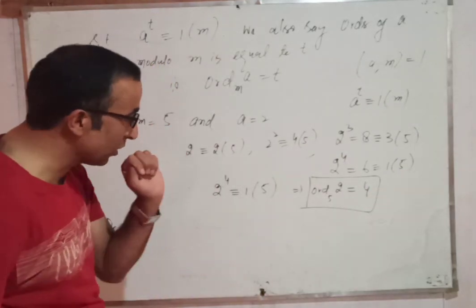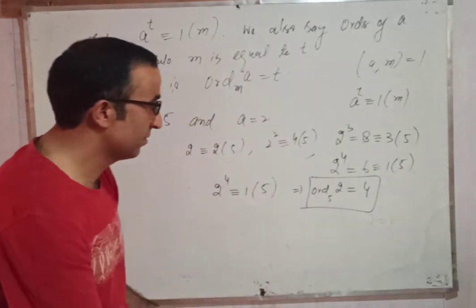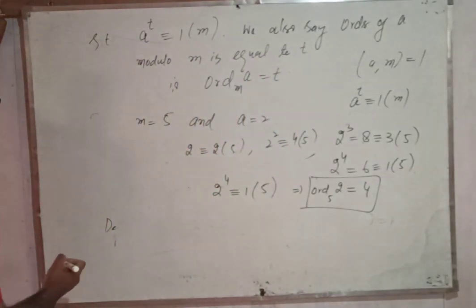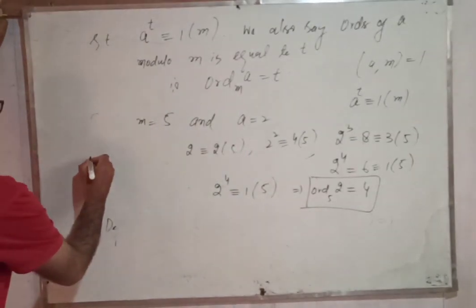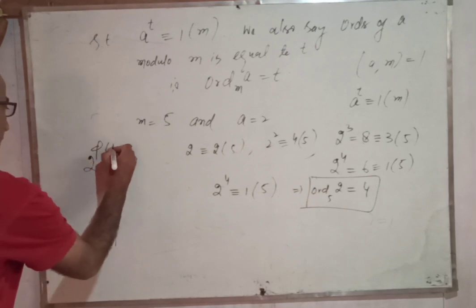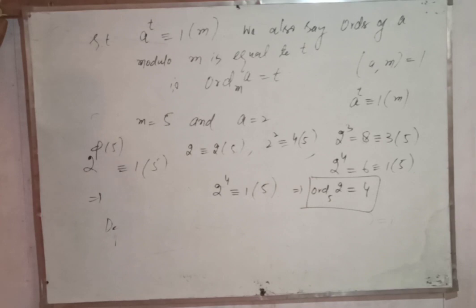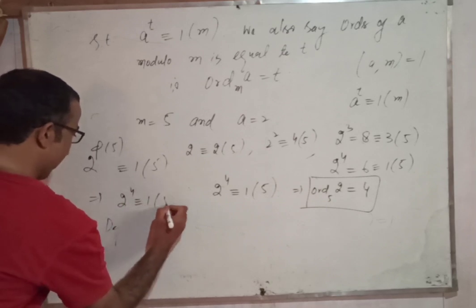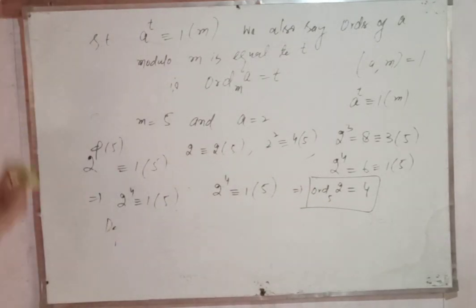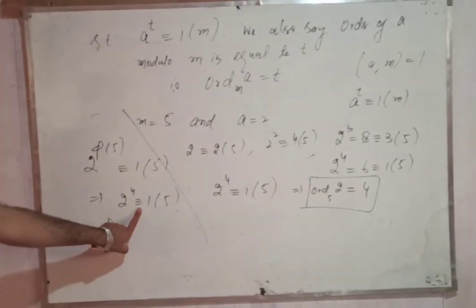If you calculate phi of 5, Euler's theorem says, because 5 and 2 have GCD 1, 2 power phi of 5 is congruent to 1 mod 5. But you know phi of a prime number is prime minus 1, so 2 power 4 is congruent to 1 mod 5.